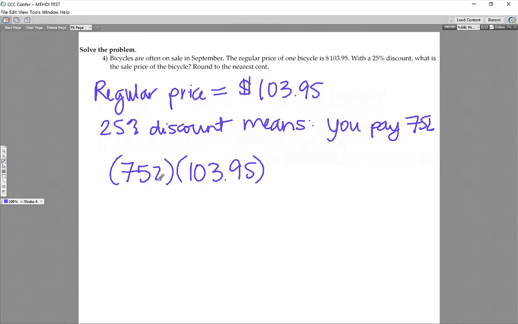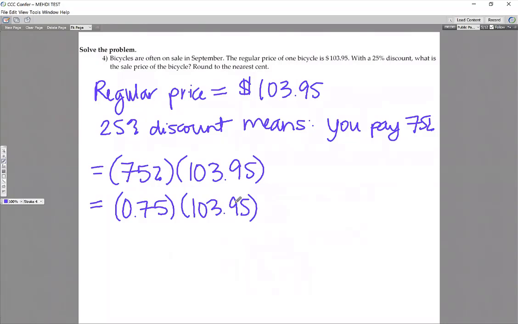And 75% needs to get changed from percent to decimal. So we can convert that. We know that's 0.75 times 103.95.